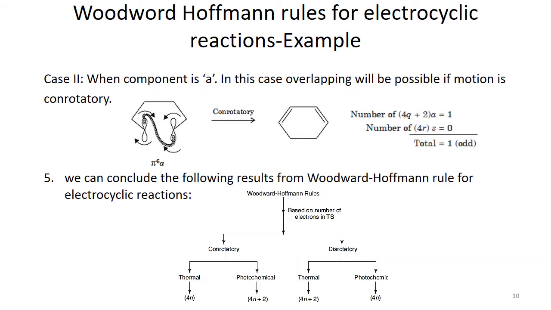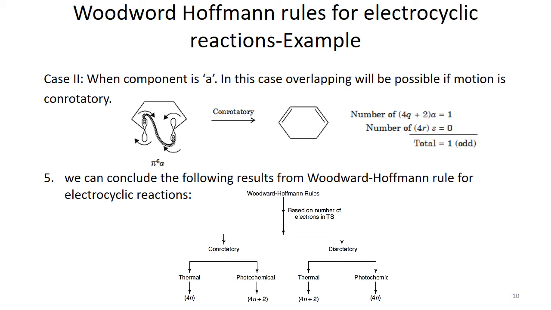Coming to the second case, we have said that for a sigma bond to be formed, there are two possible ways. One is that the lobes of the two interacting orbitals have the same sign, and the other is that they have opposite signs. In one case they can interact suprafacially, and in the other case antarafacially. When they interacted suprafacially, the overlap was fine and it was thermally allowed.